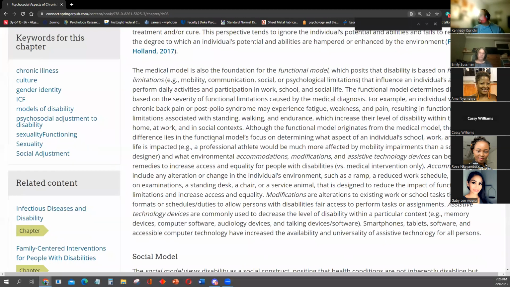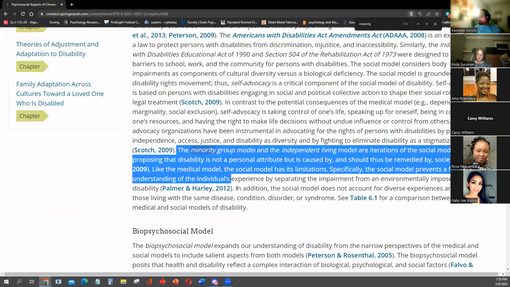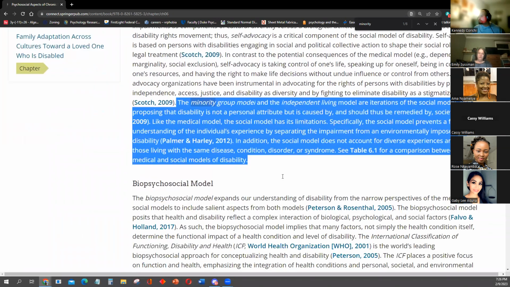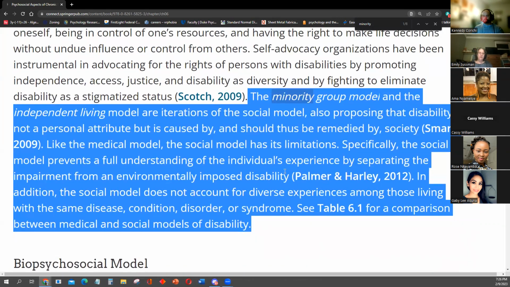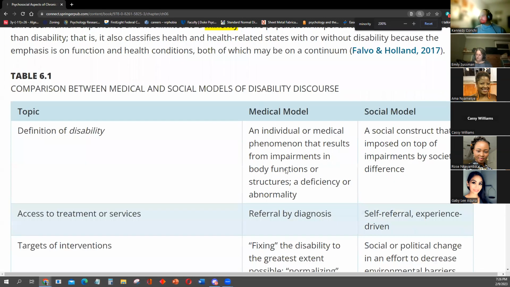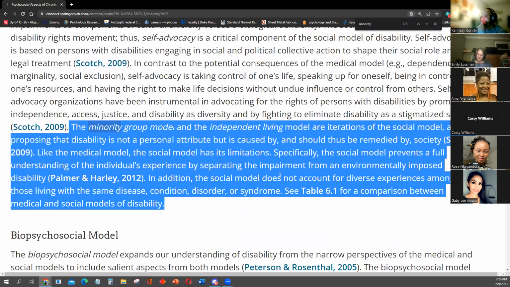There it is right there, the minority group and the independent living model. The smaller one was fine. Sorry, did it move again? That was my fault. That's okay.